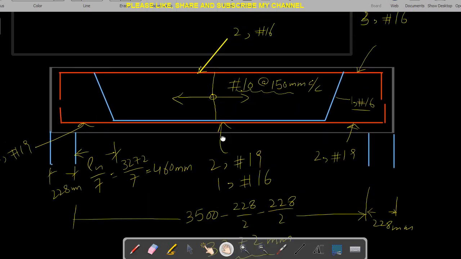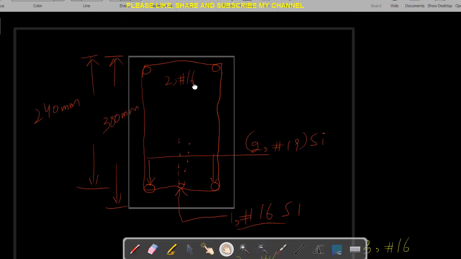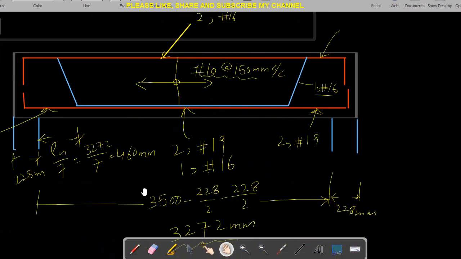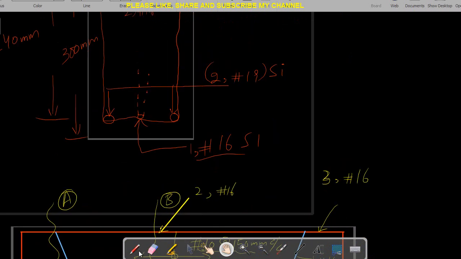We bend that bar, and the rest of the bar is extending towards the support. So this is all about the detailing, that how we can detail this, right? But make sure the section is different at the mid and the section is different at the right. So we have 2 sections, section AA and section BB, right? The section which we draw here, this is at section BB, right?